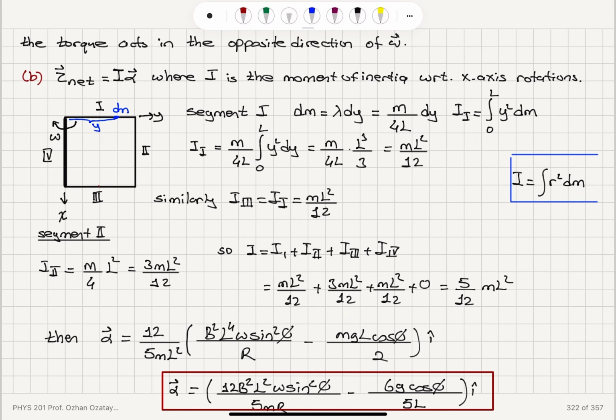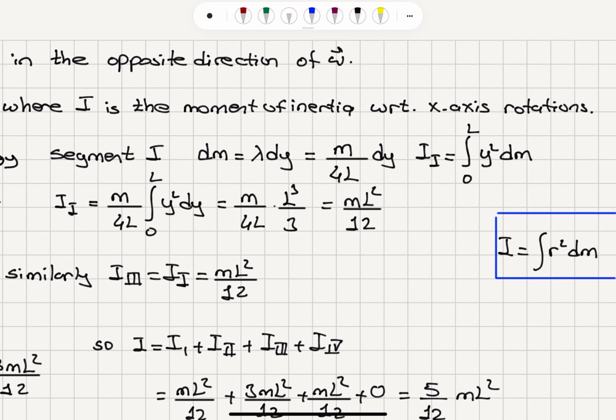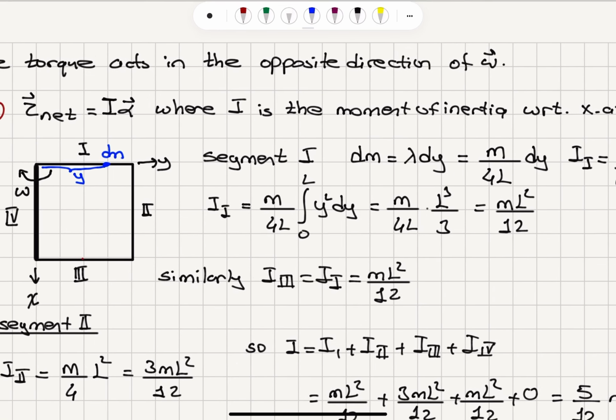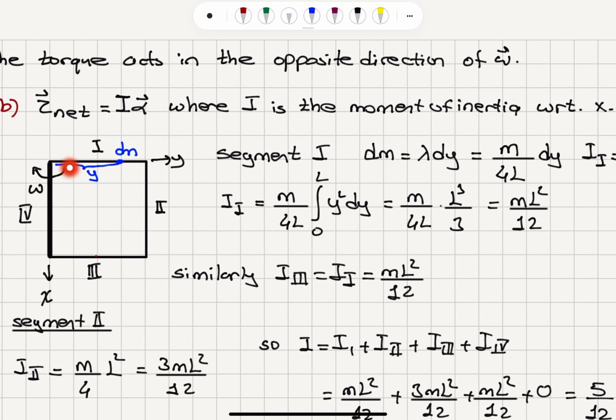So r is the distance between the mass element and the rotation axis. So here it is y, so I take a dm here, which is, because it's a loop, it has a mass density lambda, which is the total mass divided by total length 4L. And for each segment, I calculate the moment of inertia.